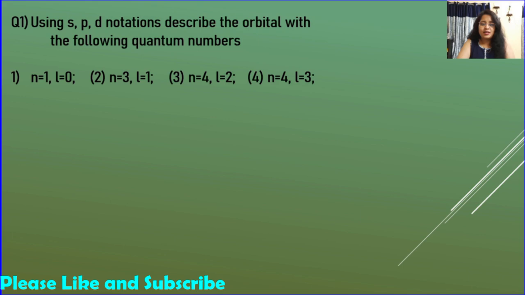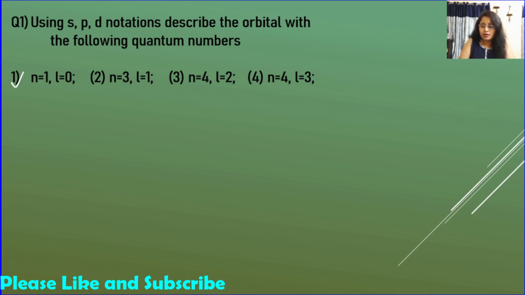The question is saying using SPD notations describe the orbital with the following quantum numbers. So the first part is n is equal to 1, L is equal to 0. What does n denote? Principal quantum number, and L belongs to azimuthal quantum number.